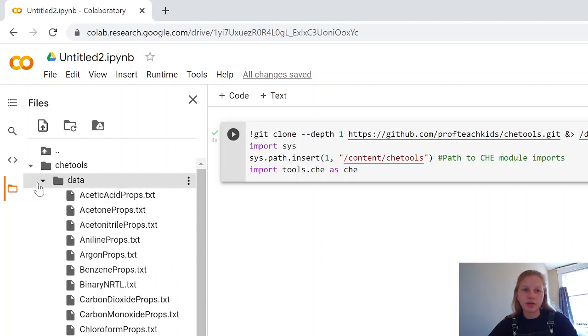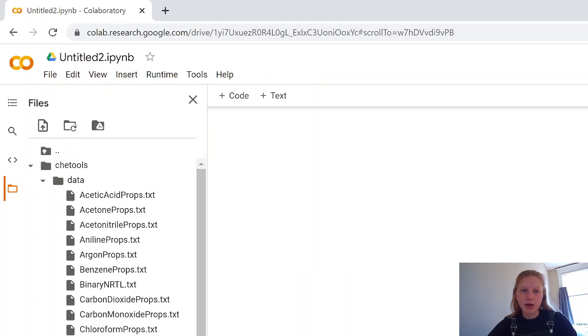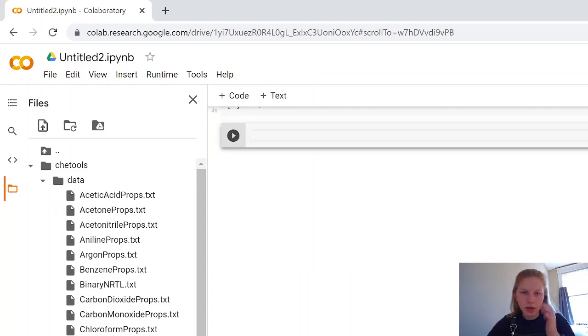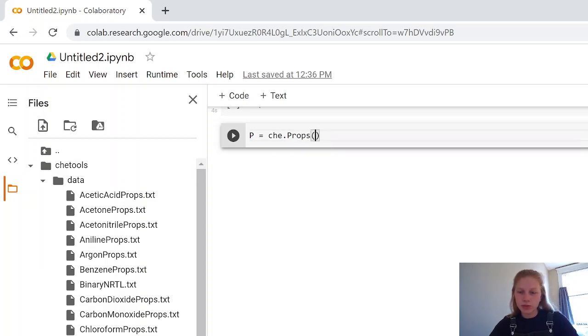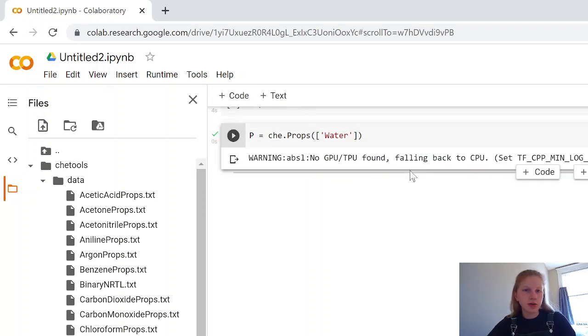So for this problem we're just doing water, but you could change it. So in here we'll type in P. We're going to do the properties of water, because that's what we're doing for this problem. But if you wanted to do something else, all you have to do is change that, enter, and then it's all loaded in there.